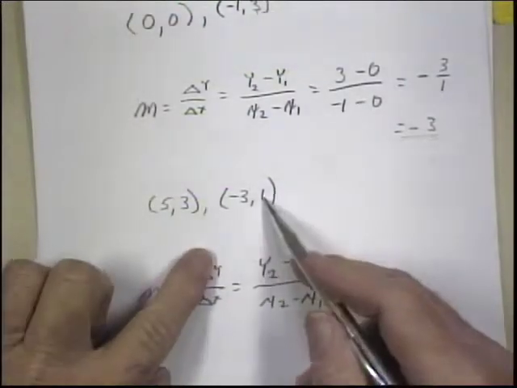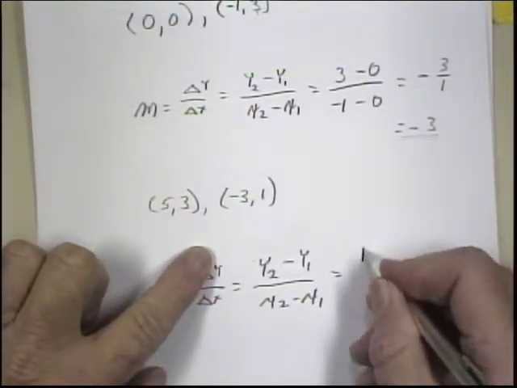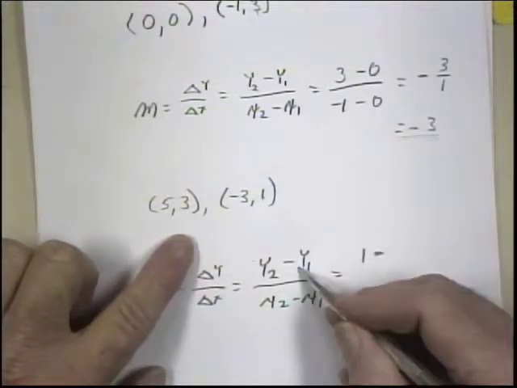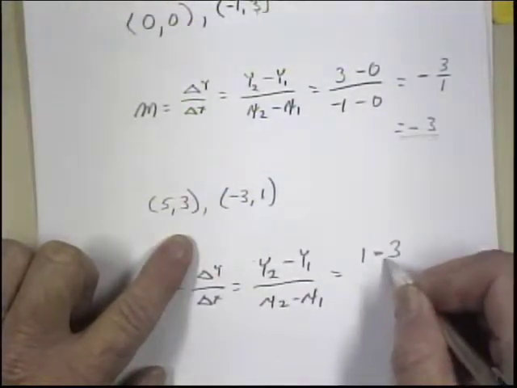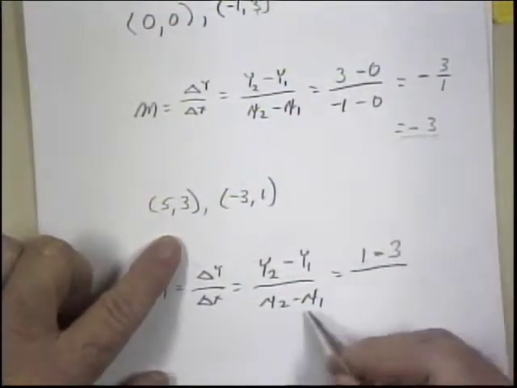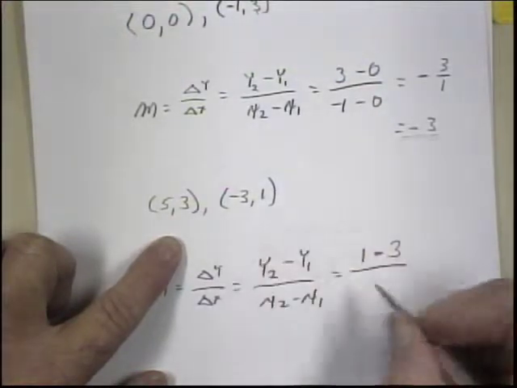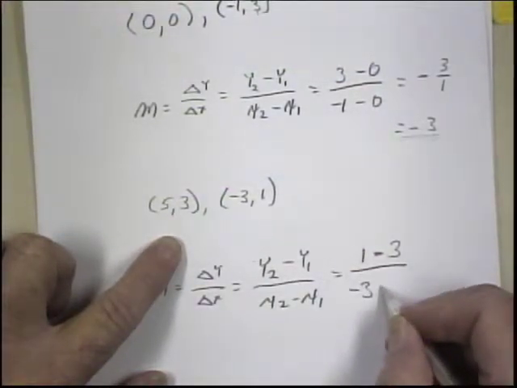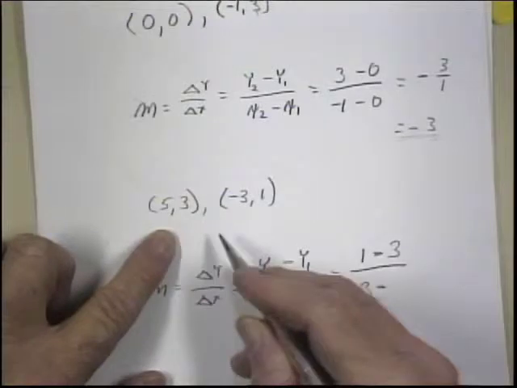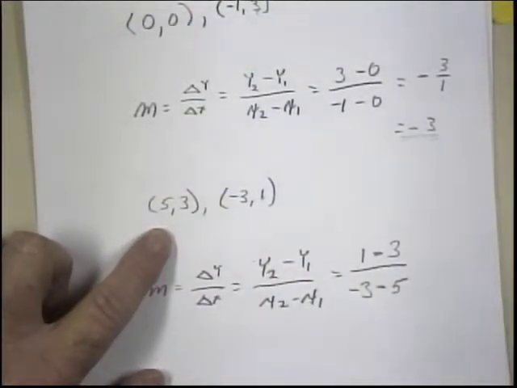So our y2 is 1, our y1 is 3, divided by our x2, which is minus 3, minus our x1, which is 5.